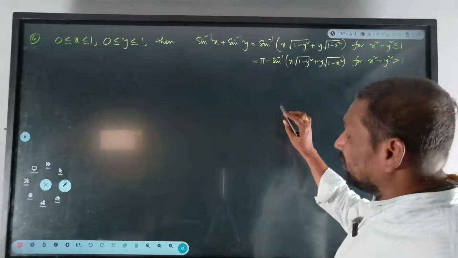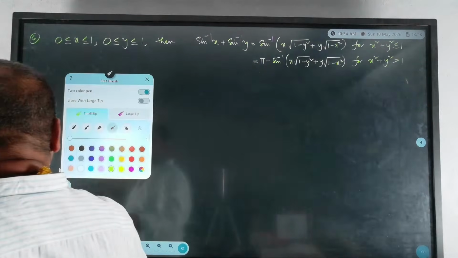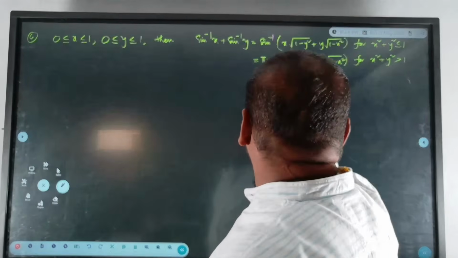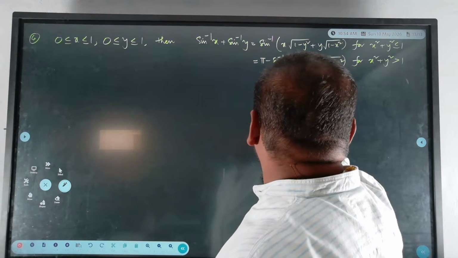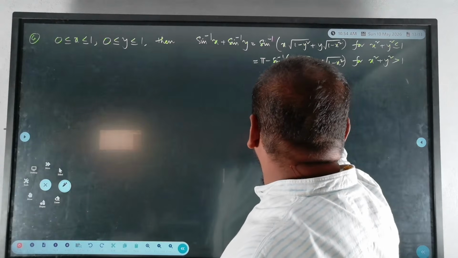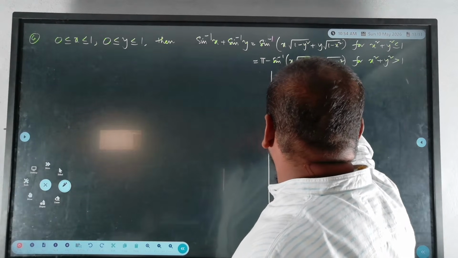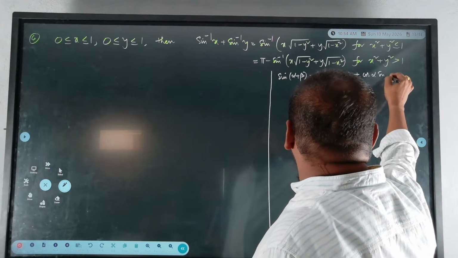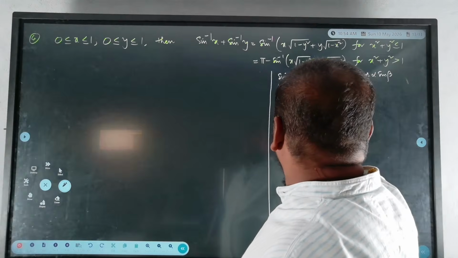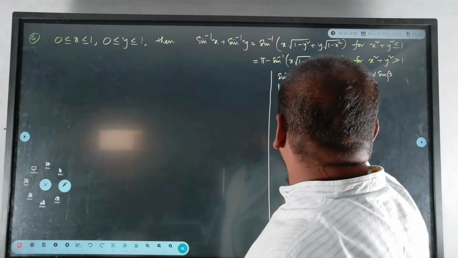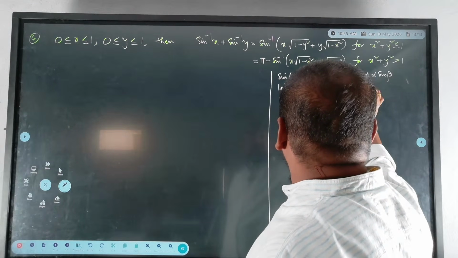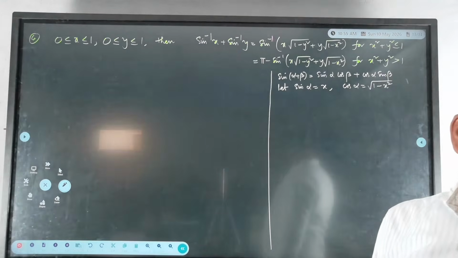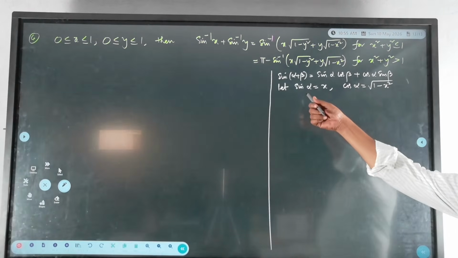So what is sin of alpha plus beta? Let sin alpha be equal to x, cos alpha is equal to root over 1 minus sin square alpha.